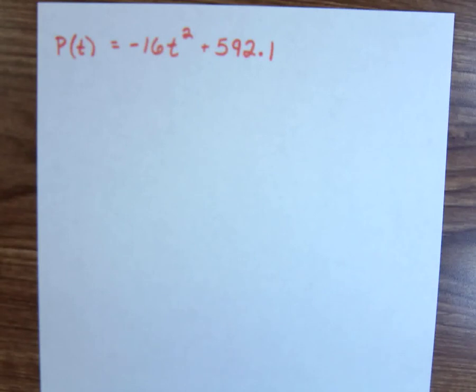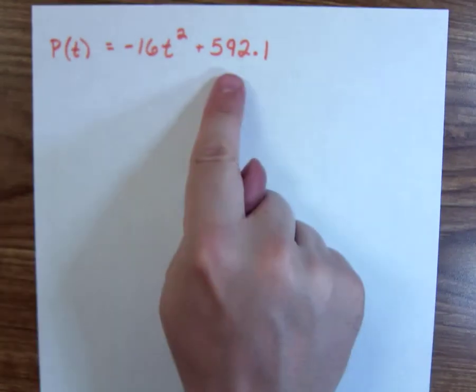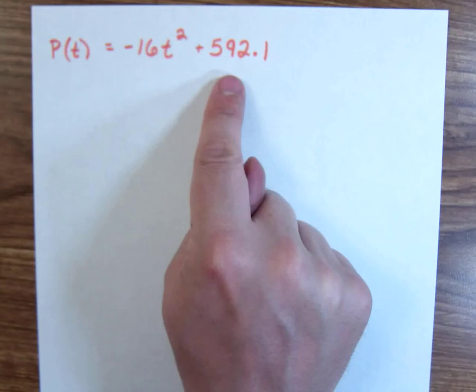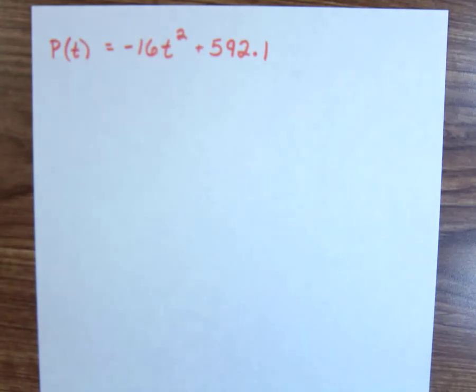That is pretty common. It is a function that represents the effect of gravity. Negative 16t squared. So what this function is saying is, I am holding an object 592.1 feet off the ground, and I drop it. Where is it after a certain amount of time?